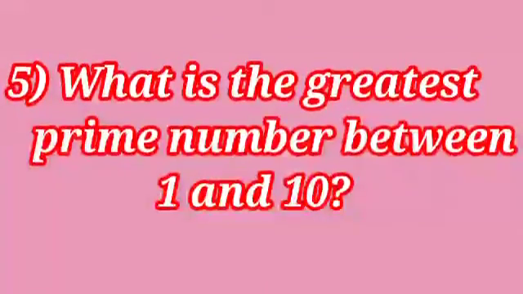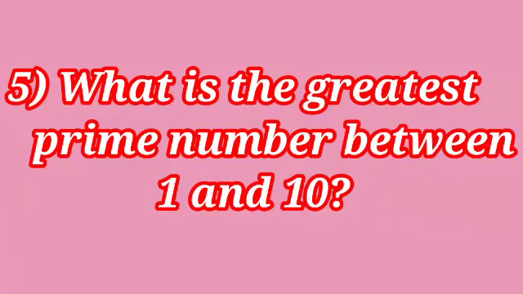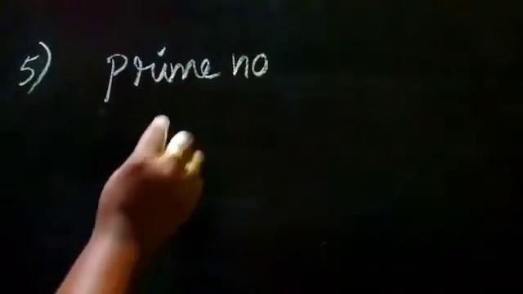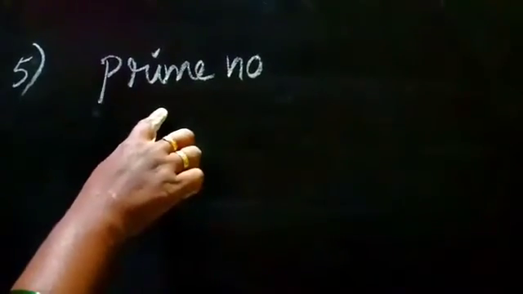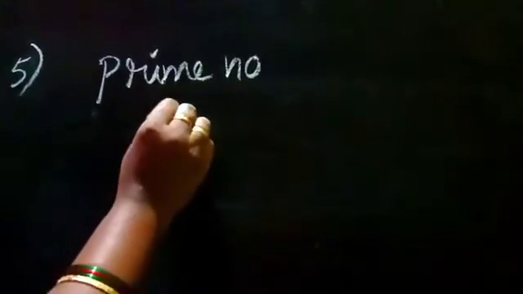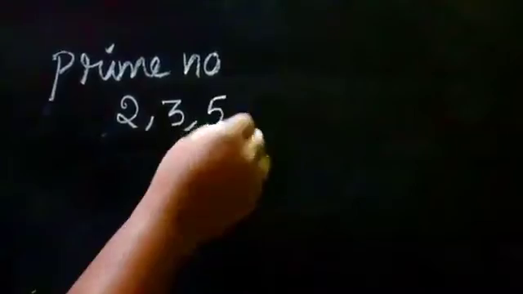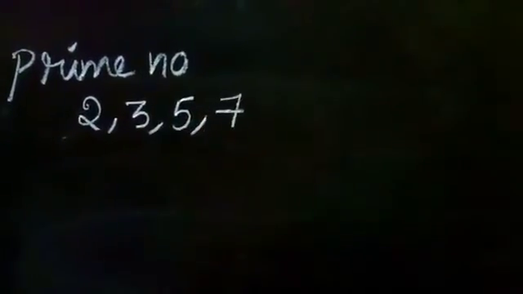Fifth main question is, what is the greatest prime number between 1 and 10? Prime numbers between 1 to 10: 1 is not a prime number and not a composite number. So 2 is a prime number, 3 is a prime number, next 5 is a prime number, 7 is a prime number.